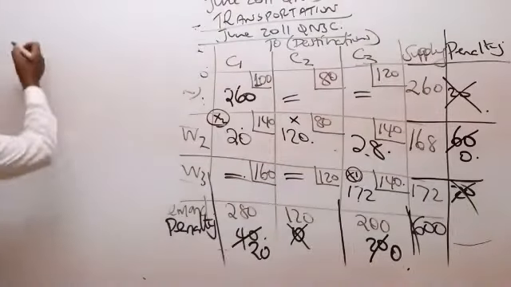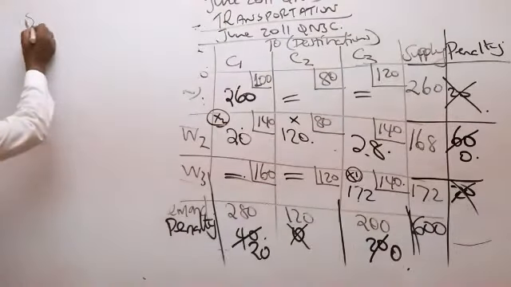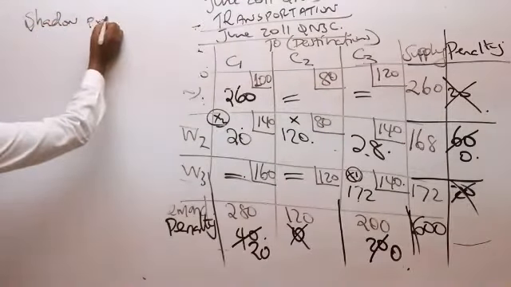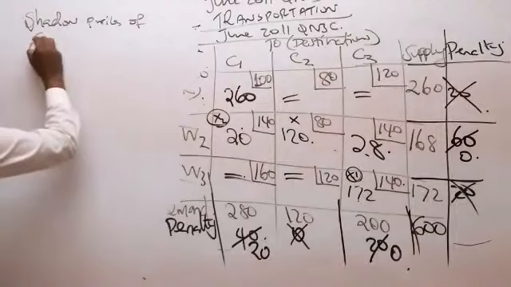Now, after that, ladies and gentlemen, we go to the last step. The last step is the one of shadow prices. You compute the shadow prices of empty cells.